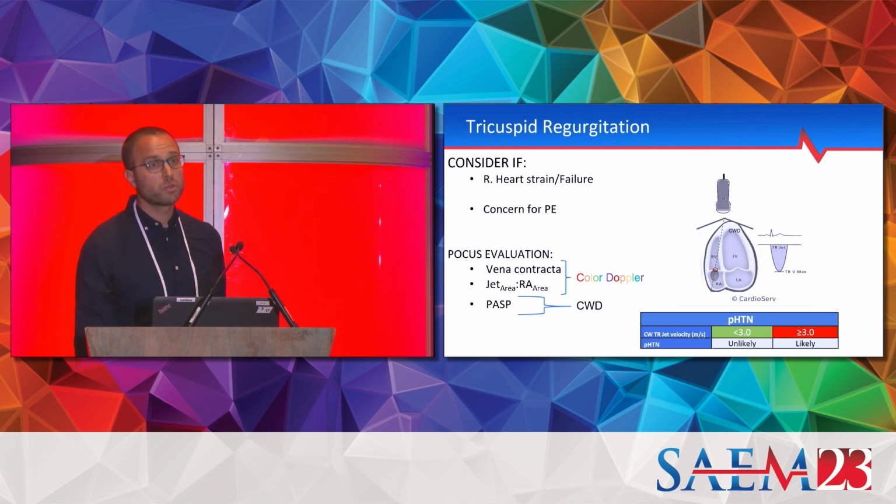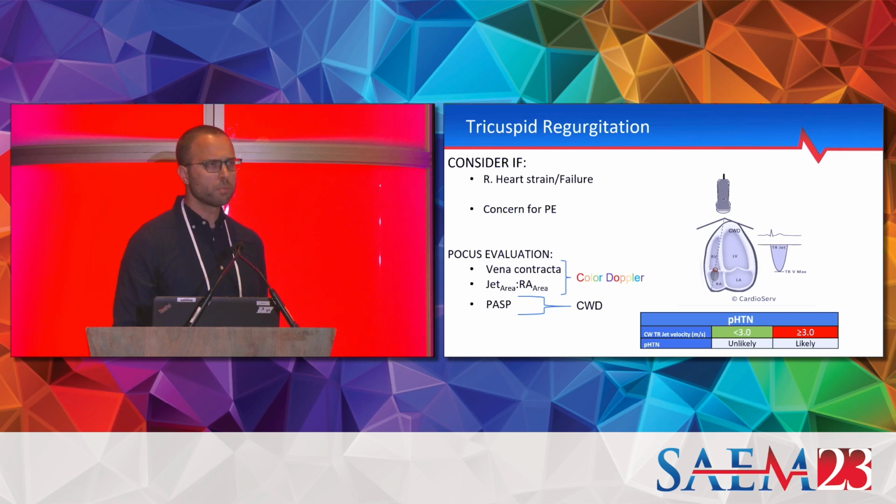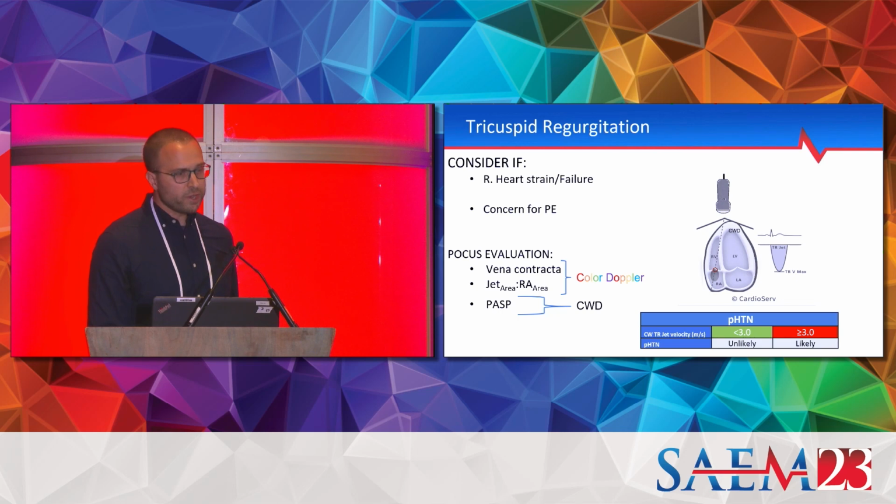And if it's greater than 3 meters per second, that regurgitant flow, the patient likely has pulmonary hypertension. If it's less than that, it makes it much, much less likely. And this can be helpful and useful in your patient's workup for, say, PE, and whether or not this supports the diagnosis of right heart strain.